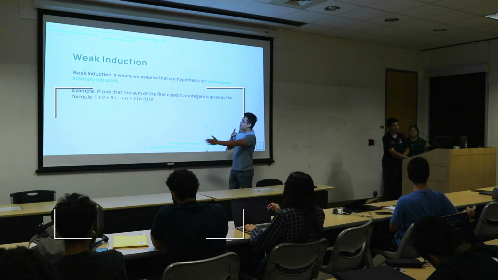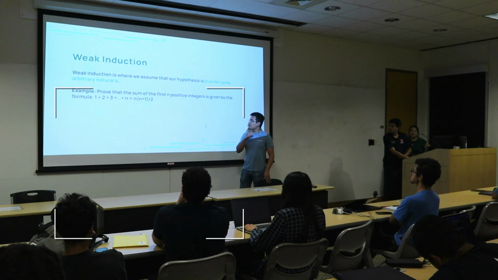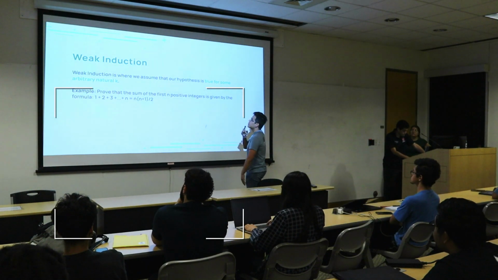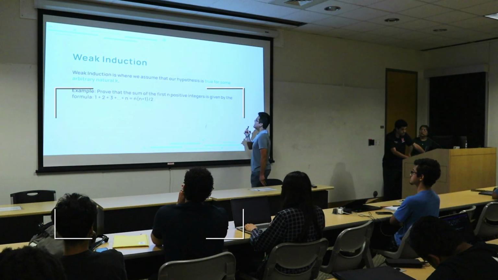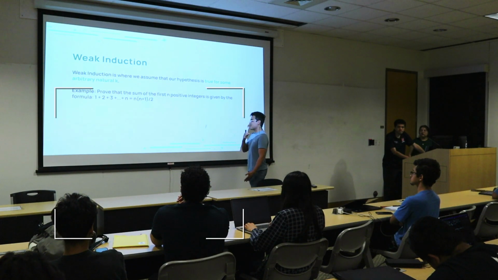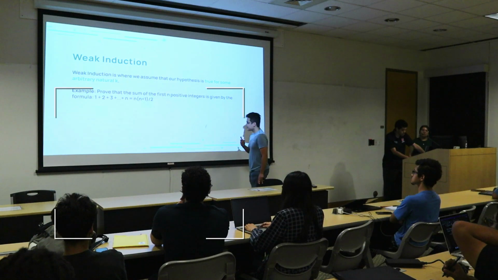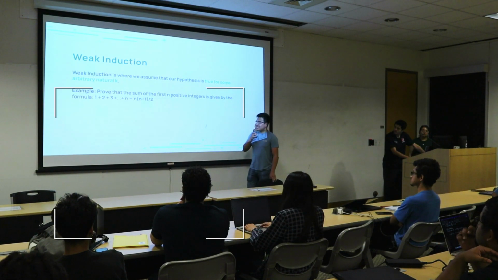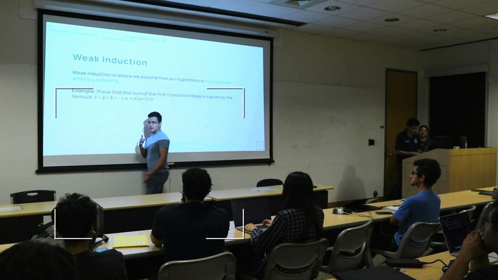I'm pretty sure you guys have seen this proof before, if you've taken discrete math. The example is, prove that the sum of the first n positive integers is given by the formula 1 plus 2 plus 3, and so on, plus n equals n times n plus 1 divided by 2. What this means is that our base case will be 1. This makes sense, right?